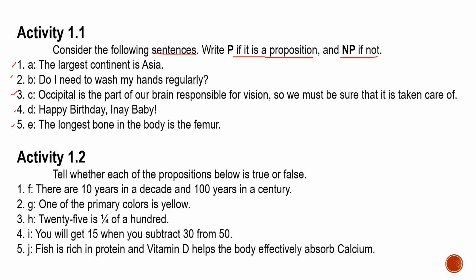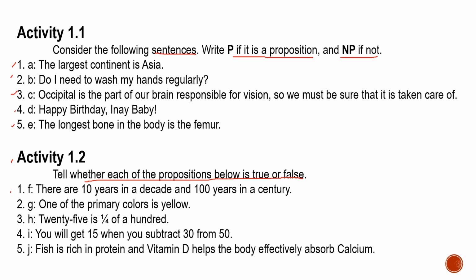And activity number 2, tell whether each of the propositions below is true or false. So again, you just simply put true or false, because we are asked only to tell whether each of the propositions below is a true or a false statement.